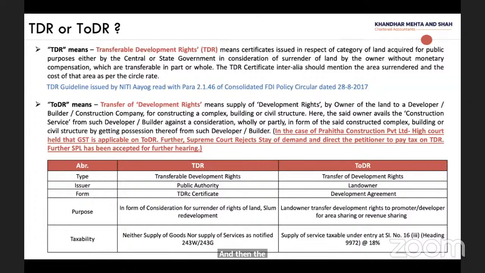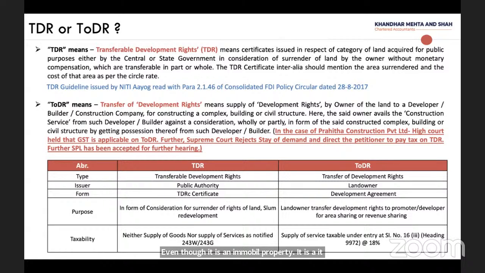So the Supreme Court is yet to take it up for the final hearing or final arguments. But meanwhile, it rejects the stay of demand and directs the petitioner to pay the taxes on TDR. So accordingly, the position as of now seems to be that on the development rights, even though it is an immobile property, it is taxable and tax needs to be paid.